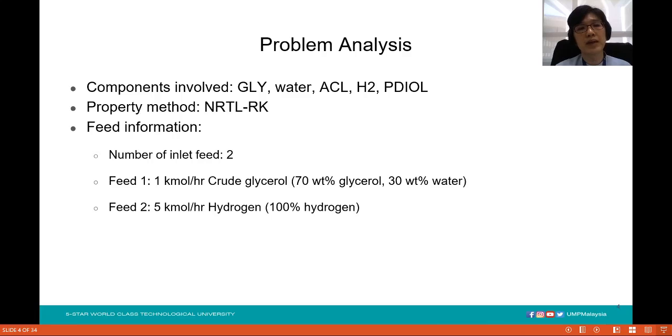The property method recommended is NRTL-RK. For the feed information, as given in the question, you have 2 feeds. Feed 1 is the crude glycerol at a flow rate of 1 kmol per hour with a composition of 70 weight % glycerol and 30 weight % water. Feed 2 is pure hydrogen with a flow rate of 5 kmol per hour.